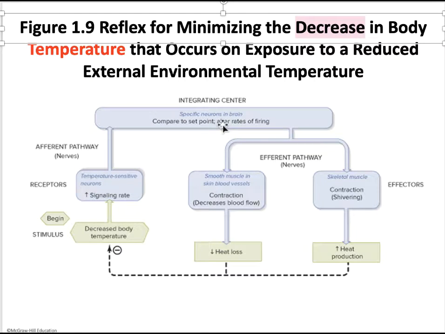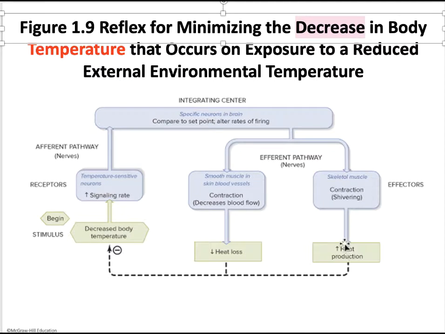In this case, it's in the brain. And then the brain responds by sending signals back out through the efferent pathway to the muscles, both to the smooth muscles in the blood vessels and to the skeletal muscles in various parts of your body. So here we have a constriction of blood flow to the skin surface, resulting in less loss of heat physically.